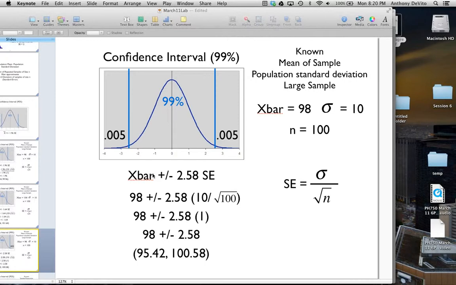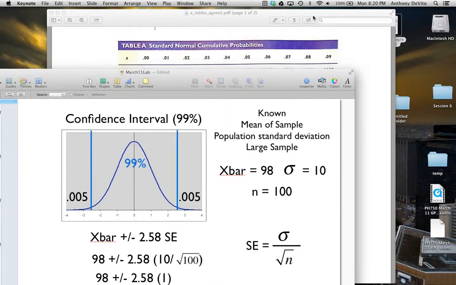So now instead of my margin of error being 1.96 times my standard error, I need to use a z-score that affords me a 99% chance of catching the mean, only 0.5% chance of being low or high. So I'm going to go back to the z table.